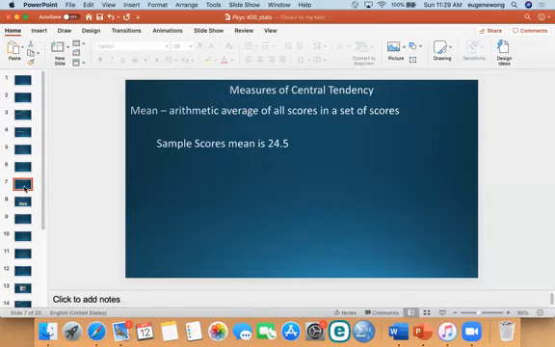And in the mean, or the average, we're simply going to add up all the scores, divide by the total number of scores, and use that value to describe the whole set of scores. Okay, so the mode, the median, and the mean are our three measures of central tendency.